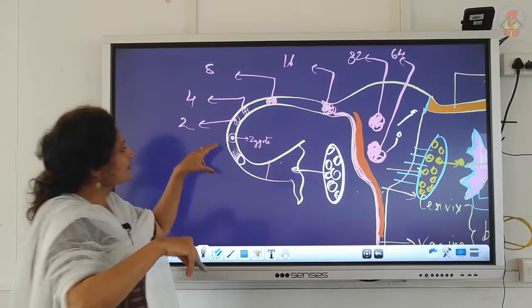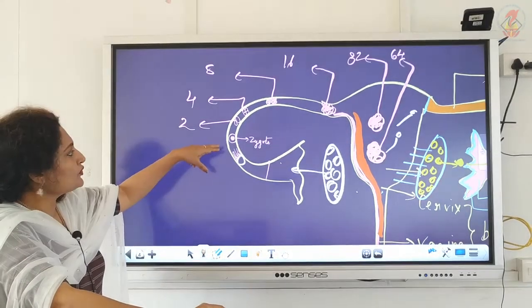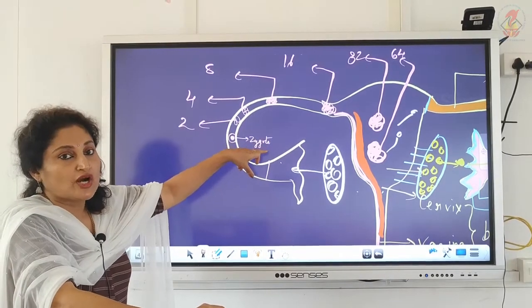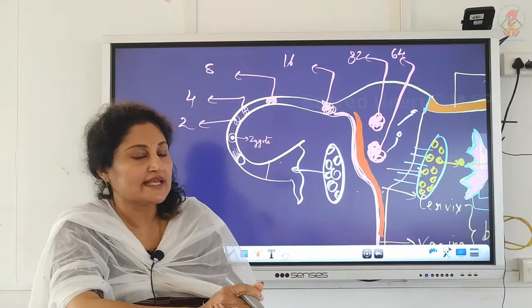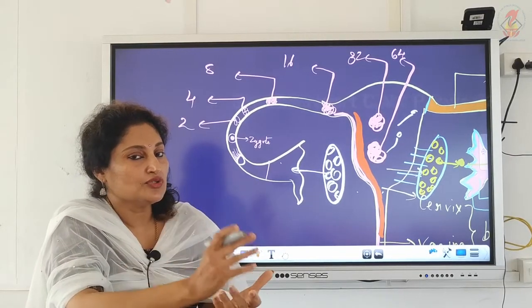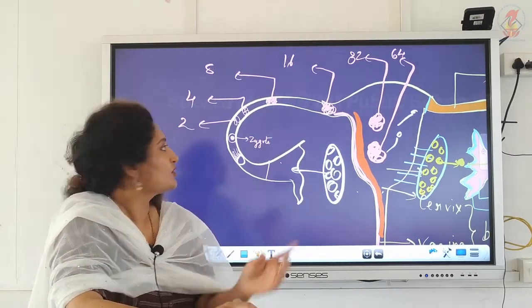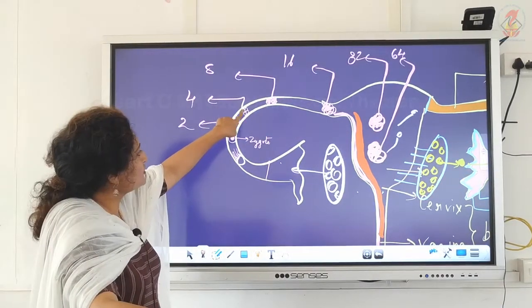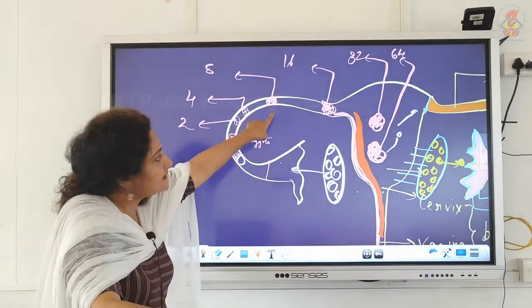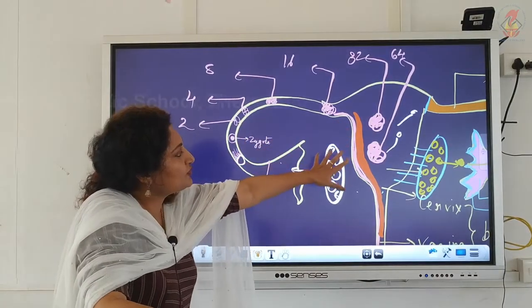As the zygote moves through the isthmus, what is happening? Mitotic division is taking place. This mitosis is known as cleavage, and two daughter cells are produced first to form the 2 cell stage. Then each of the 2 divides by mitosis to form the 4 cell stage, then the 8 cell stage, 16, 32, and 64, where it is implanted.